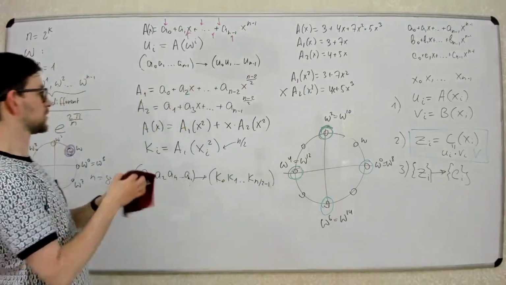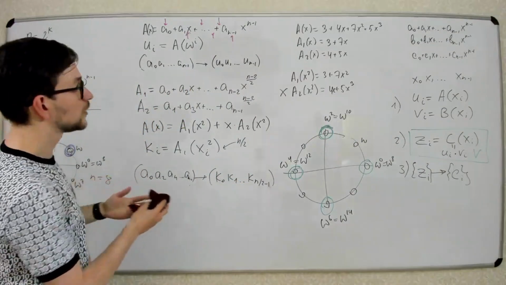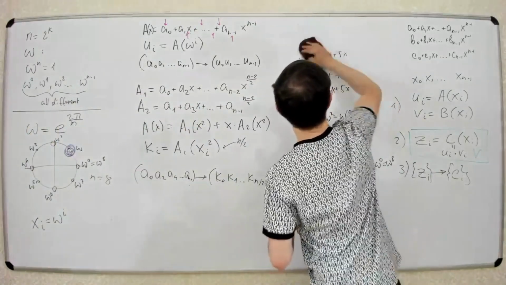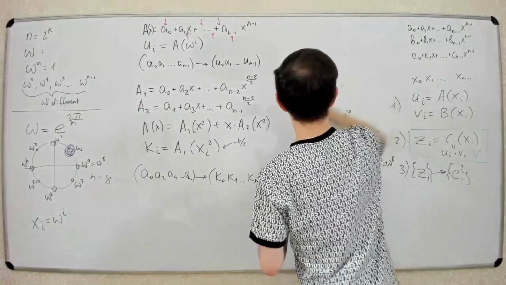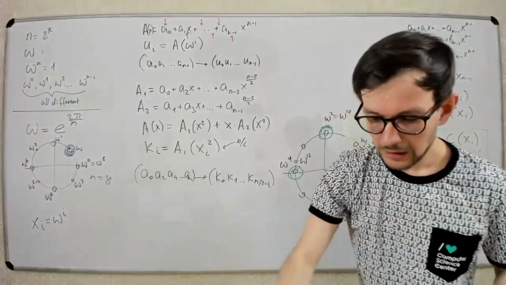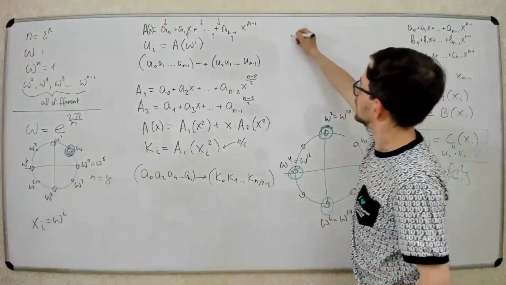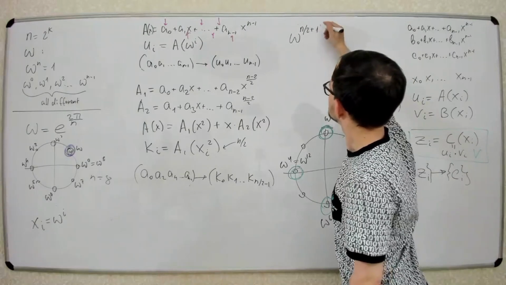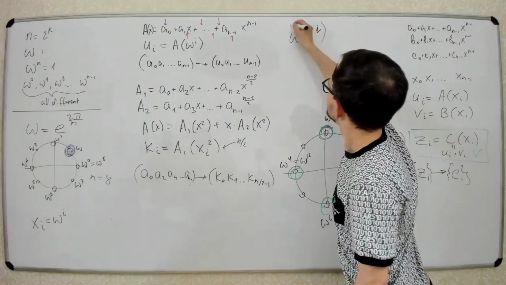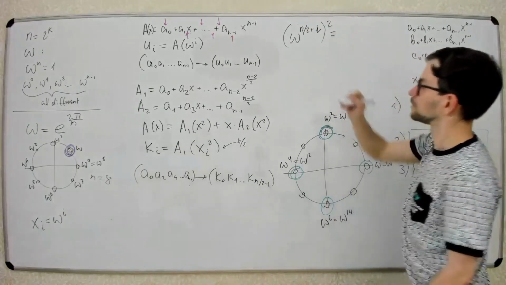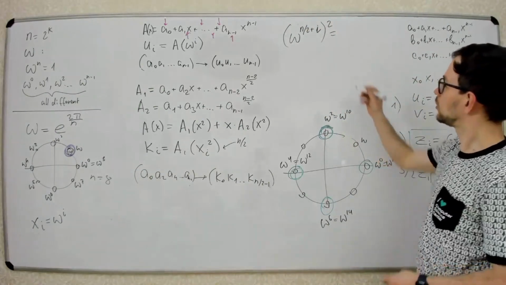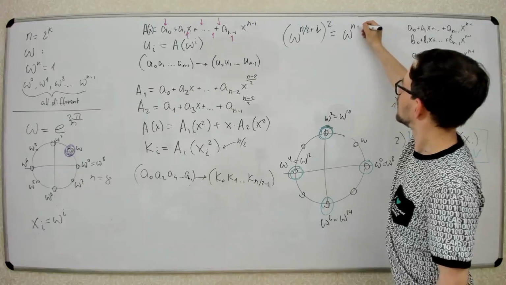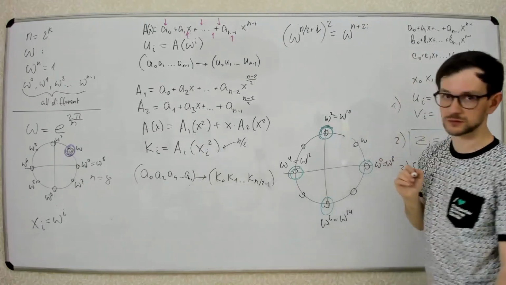Let's write it like this. If you take w in power n over 2 plus i, square it, it will be w power n plus 2i.